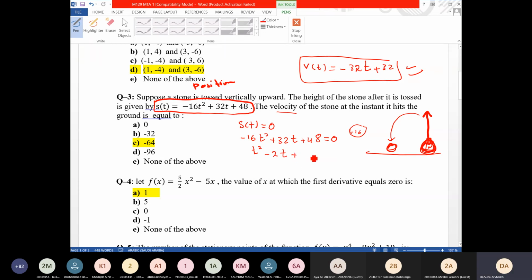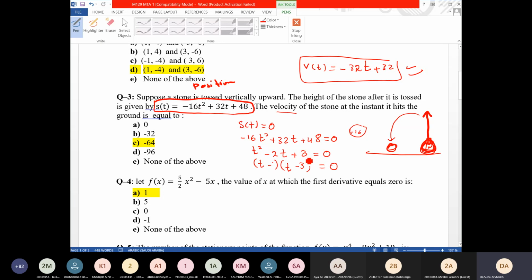The time still didn't finish, yeah, Sulaiman. Don't leave. This equals 0. So how can I solve it? I factorize t and t, and the 3 to be factorized into two numbers. And the minus 1. Sorry.